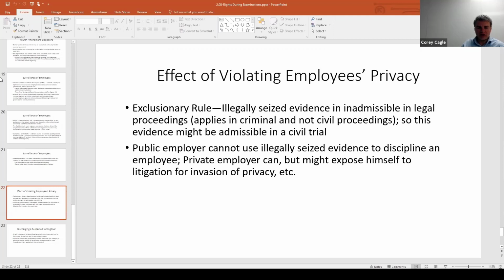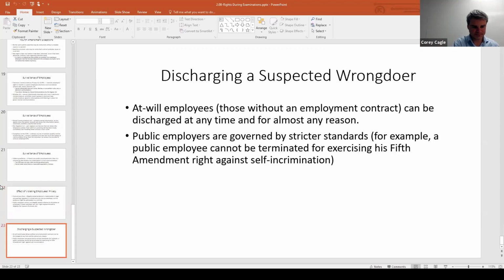A public employer cannot use illegally seized evidence to discipline an employee, but a private employer can. But they might expose themselves to invasion of privacy claims and things. So it gets a little complicated, but you can just kind of reason your way through some of those types of things if a question comes up.